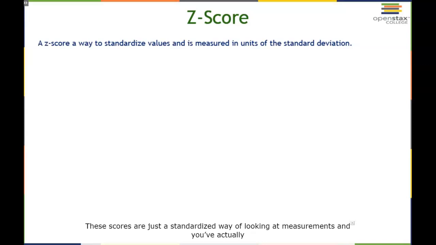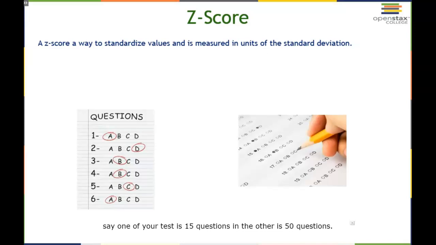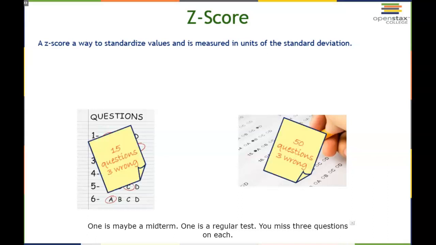Z-scores are just a standardized way of looking at measurements, and you've actually used these before. I'm going to give the same example as I did before, which is test scores. When you take two different tests with two different numbers of questions, let's say one test is 15 questions and the other is 50 questions, one's maybe a midterm, one's a regular test, and you miss 3 questions on each.